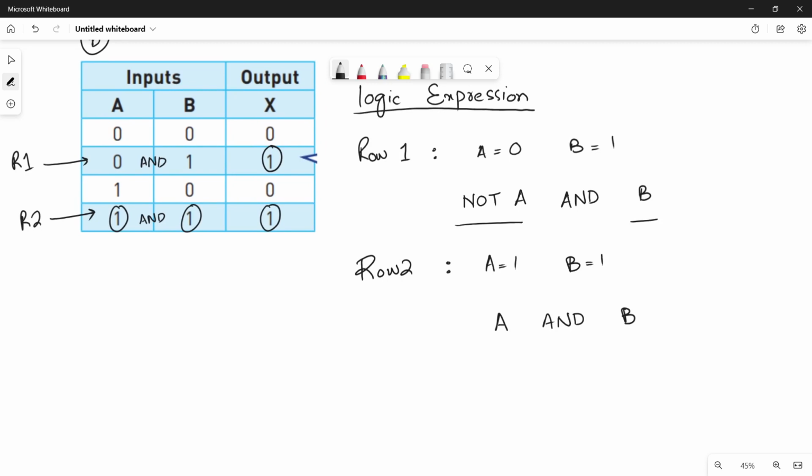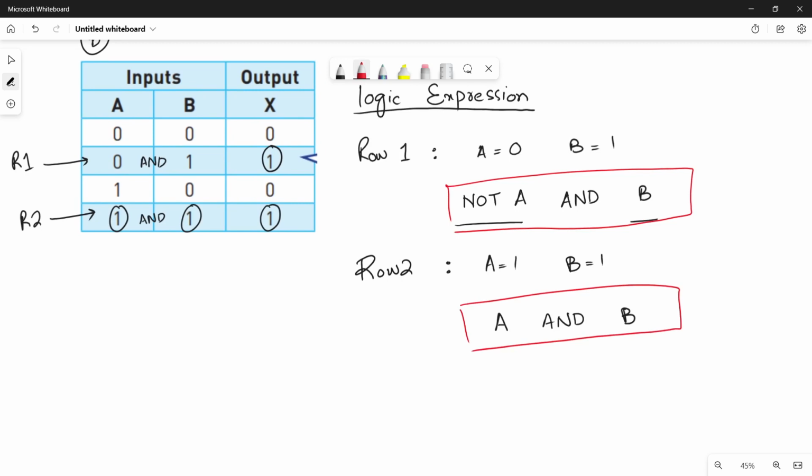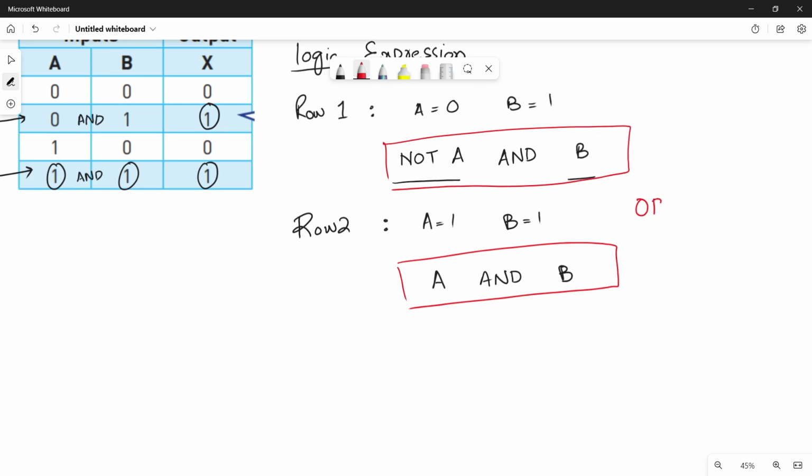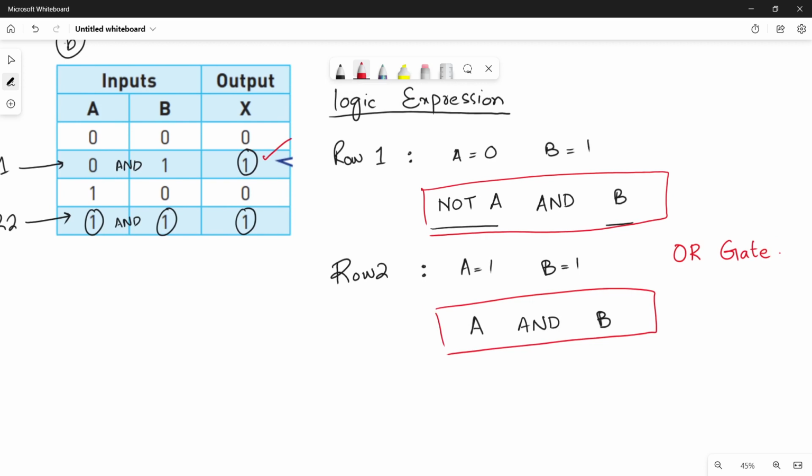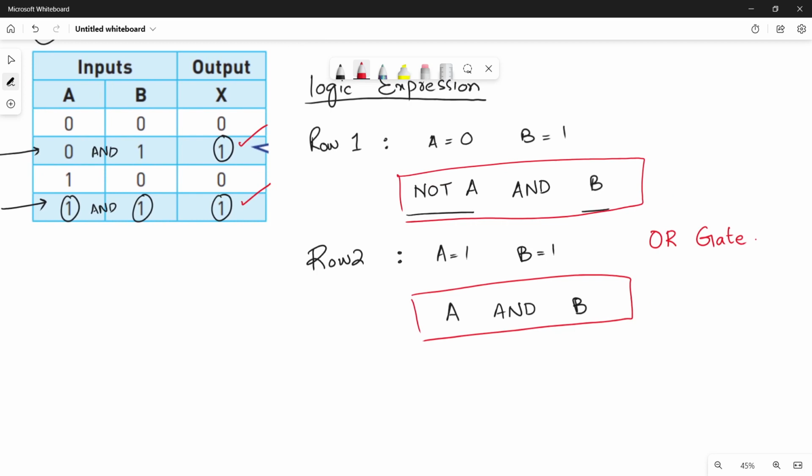Now, what you will be doing, you will join both of these expressions, row 1 and row 2. You have to combine both the expressions with an OR gate. This is also something called a law, a standard that you have to follow. This step is only followed when you have more than one row that has a 1 in the output. If there are 2 rows or more than 2 rows that have 1 as output, this step will be followed.